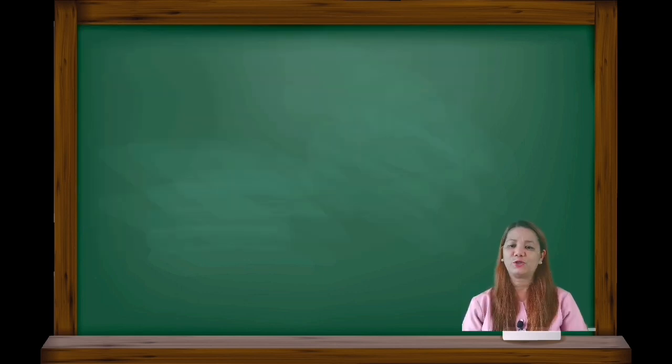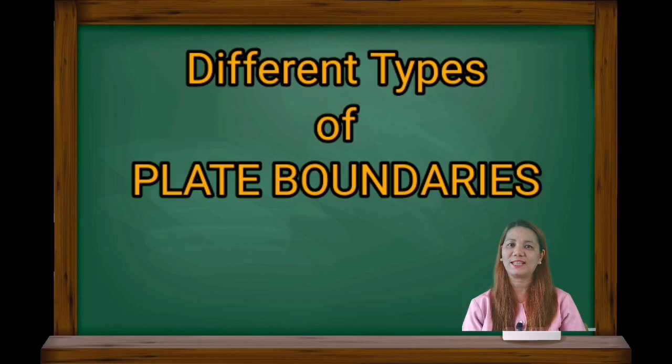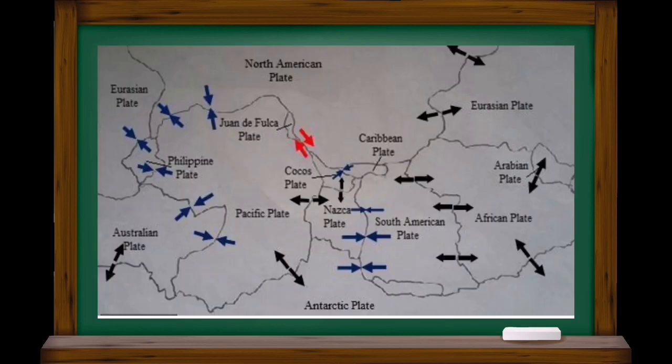This geologic feature serves as basis in marking the plate boundaries. So, for today's lesson, we will discuss the different types of plate boundaries. Look at the plate tectonics map. Examine the arrows. Are all plates moving in the same directions?